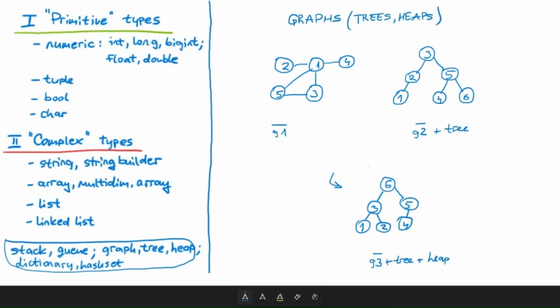Please note that in different materials, you may have met a division of topics like arrays, graphs, trees, heaps. But it's important to be aware that they are not all different, and trees and heaps are actually special cases of graphs.